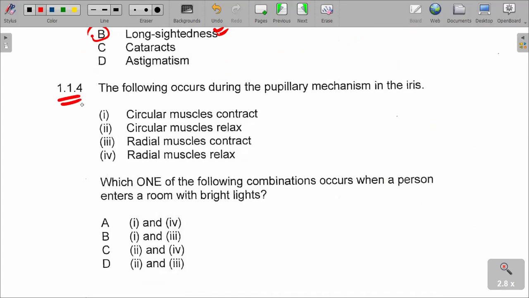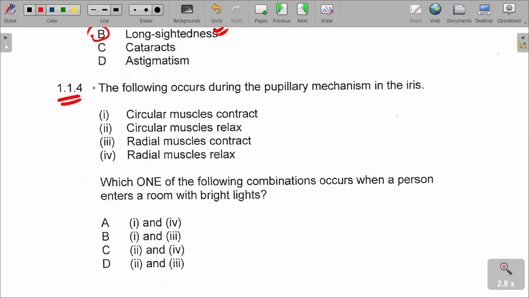Question number 4: the following occurs during the pupillary mechanism in the eye, in the iris. This is one of the questions where you need to refer to the channel, there is enough content there.